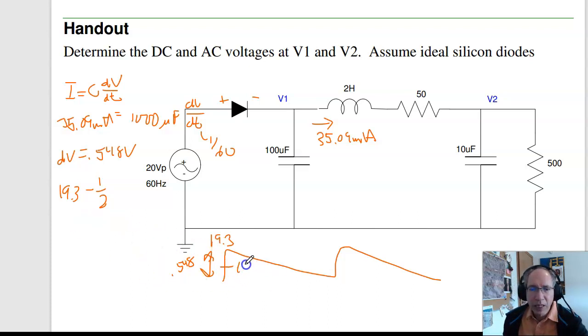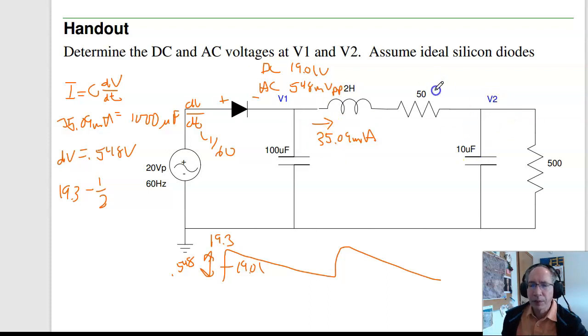On average, I expect that to be 19.01. So that's your DC voltage at V1. DC is 19.01 volts. AC is 548 millivolts. And the units are peak to peak.